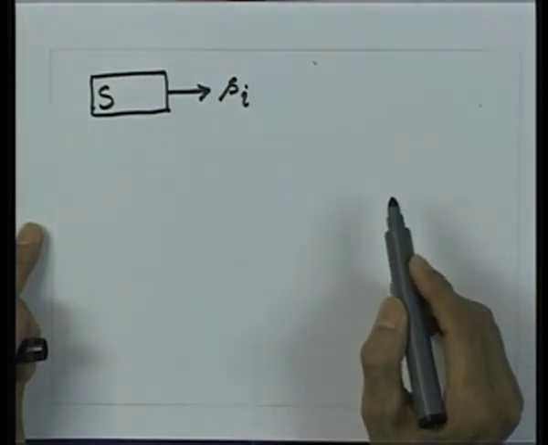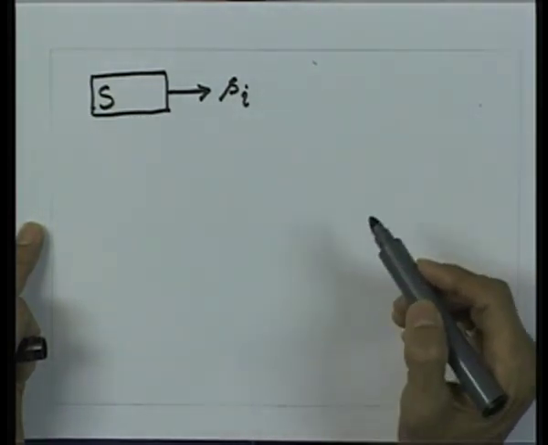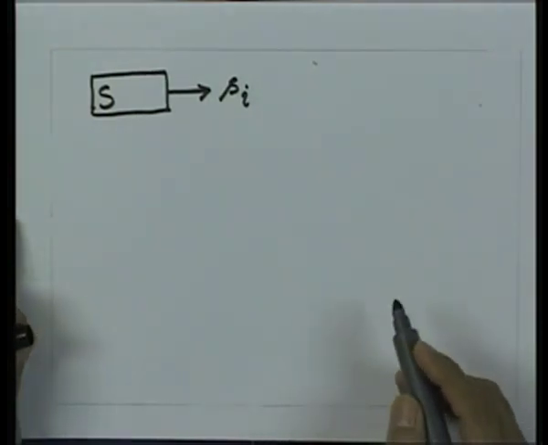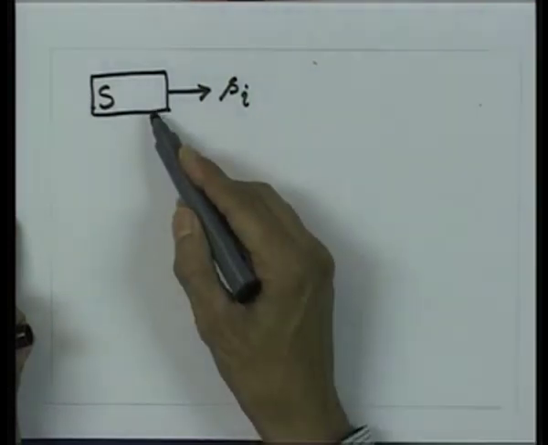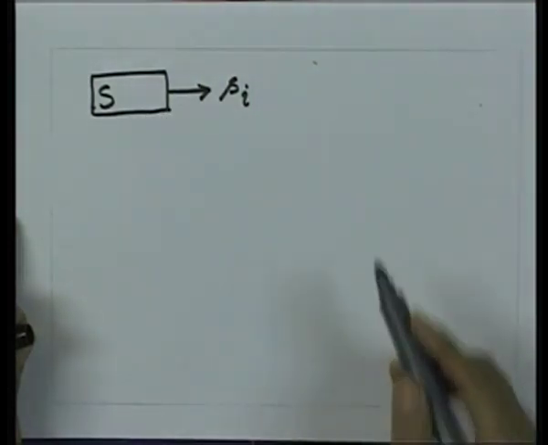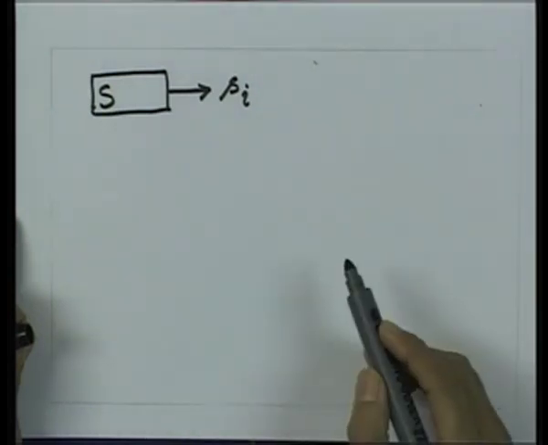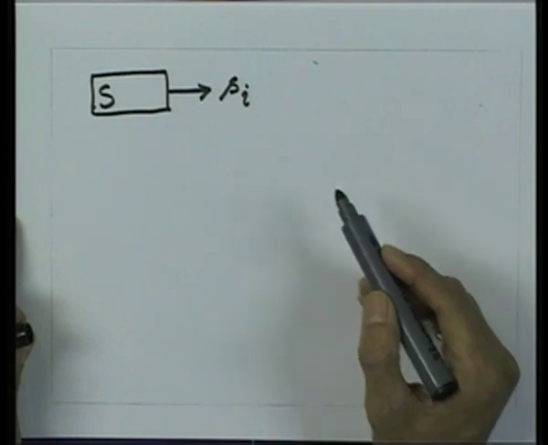And now the question that comes to my mind is: is it possible for me to associate some kind of measure of information to this source S? We have seen how to associate the measure of information to a particular event. To solve this problem, let us look at the emission of the symbols from the source and put them in the form of a string.